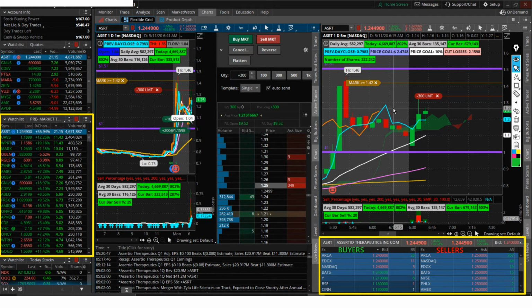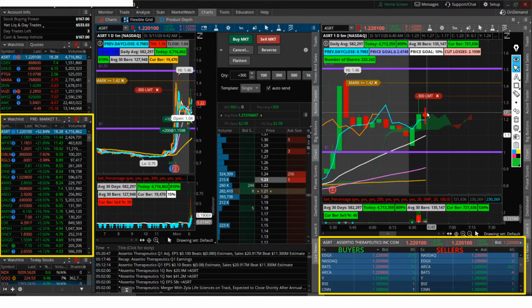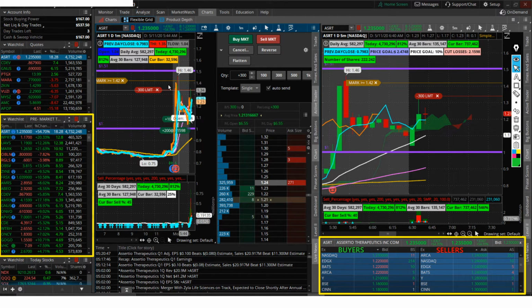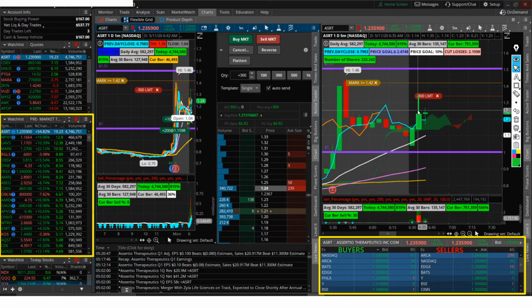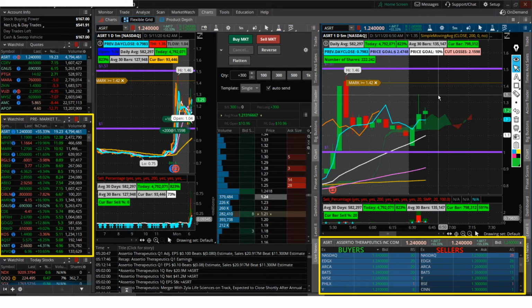So again, I need to sell it right there, $1.34 for a profit. But I'm seeing a lot of selling pressure still. But there's still a long way to go. Volume, it's amazing, 4.7 million. So I'm truly not scared of it at all whatsoever.